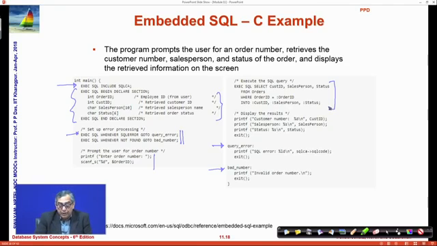So, what does it do? Exec SQL is to say that this is embedded. This is where the select query starts, the fields, the relation, the condition, and then there are 3 attributes. So, you are setting an association with 3 variables in the C program.